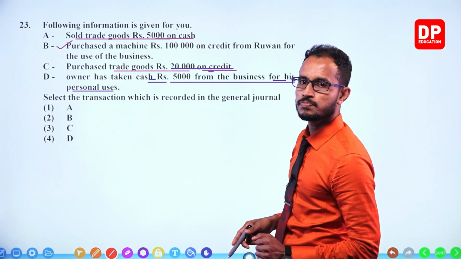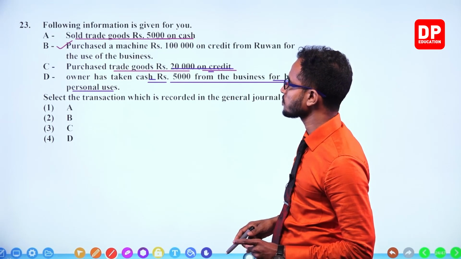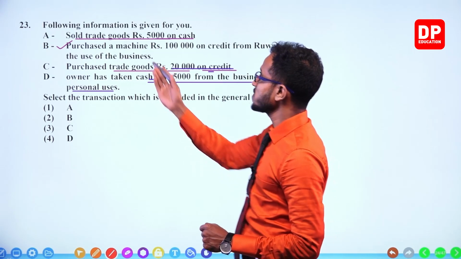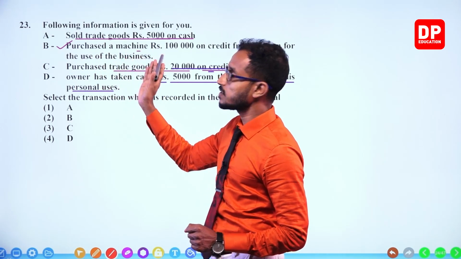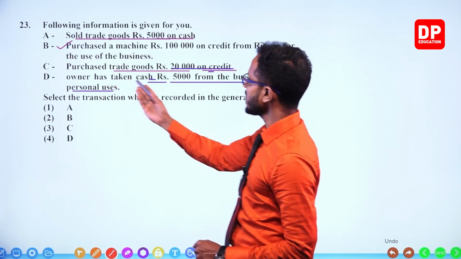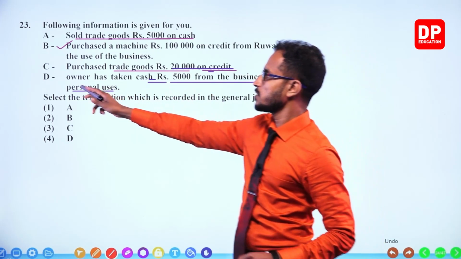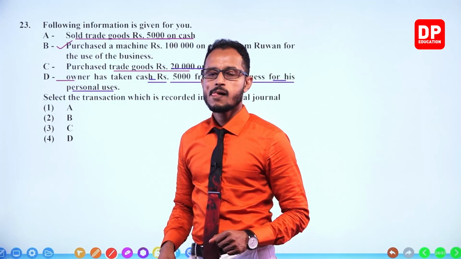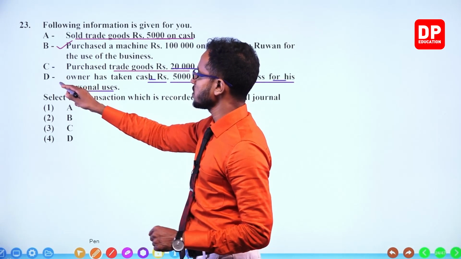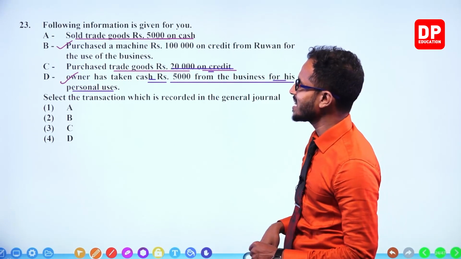So, not going to the general journal. Machine means it's a non-current asset. That goes to the general journal. Then, owner has taken cash from the business for personal use. That is a drawing. Drawings anyway go to the general journal. B and D.